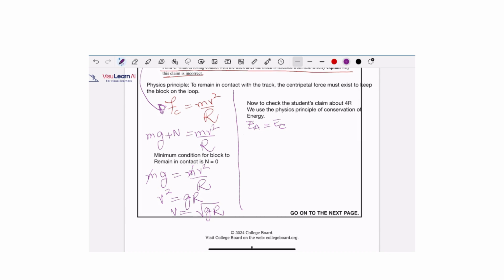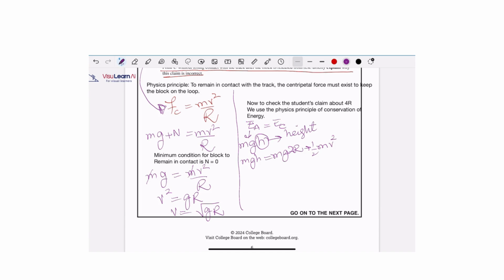In this loop, we'll say that the energy at A is equal to mg times h. Now, h is the minimum unknown value of height, and we're not going to say it's 4r. We're going to find out if that h comes out to be 4r. So we write down mgh equal to the energy of C, which will again be the potential energy plus the kinetic energy: mg2r plus half mv squared.